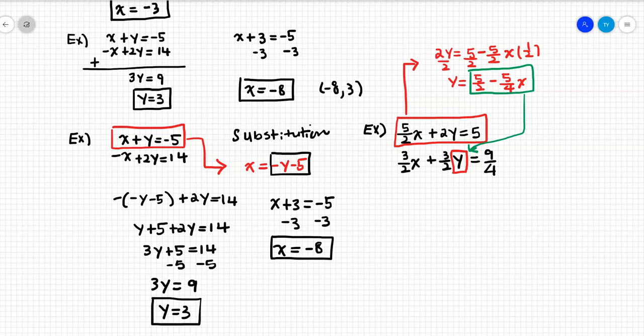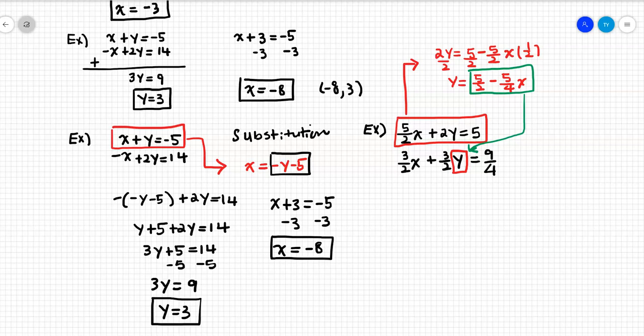The one thing that we're going to have to be careful about is that we're going to have to multiply the entire y that you are going to substitute with the 3/2 in the front. Okay, so you're going to have to be careful about doing that. It's going to be a multiplication of the fraction, so let's just be careful when we do that.